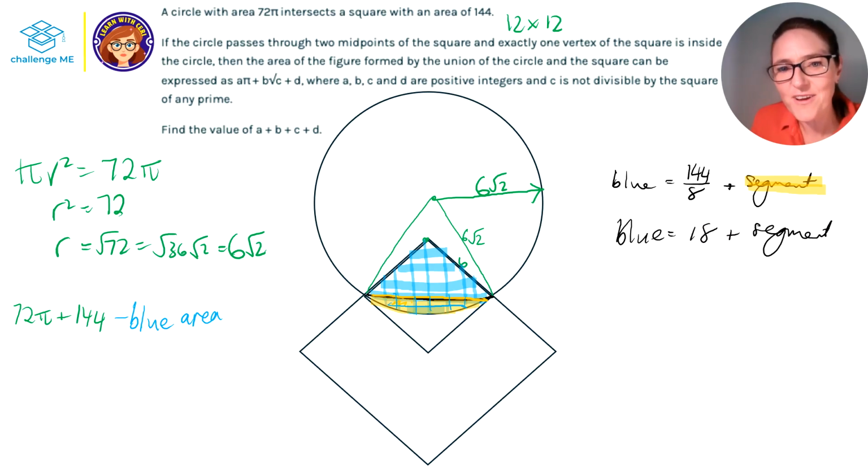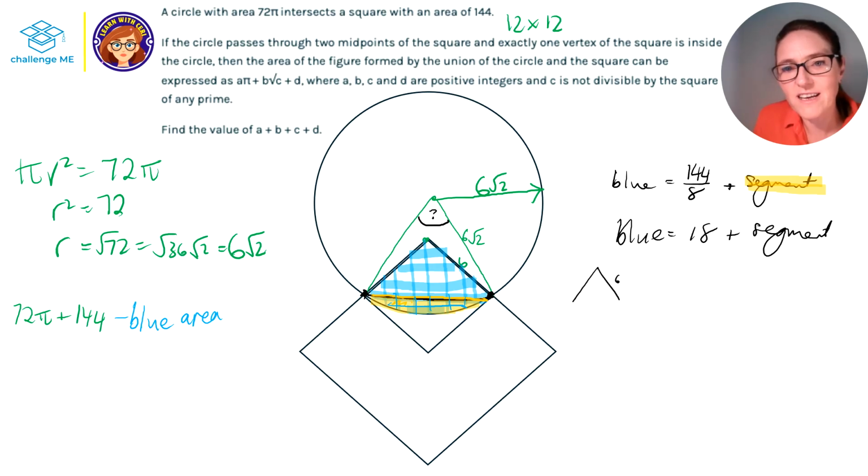So let's focus on this orange segment that we need to work out the area of. If you're working out areas, then you really need to know angles. So we need to know this angle here. We know that the radius is 6 root 2. If we need to know this angle, it'd probably be useful to know how long this line is from the smaller square's diagonal, and in fact that's how we're going to work it out.